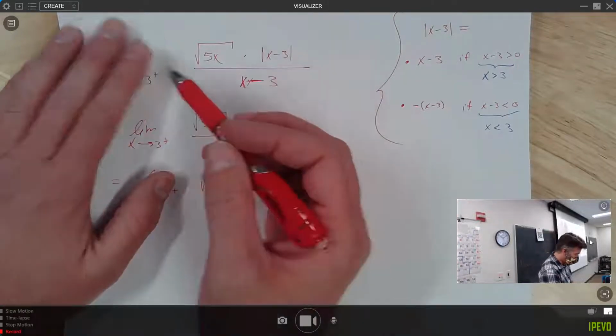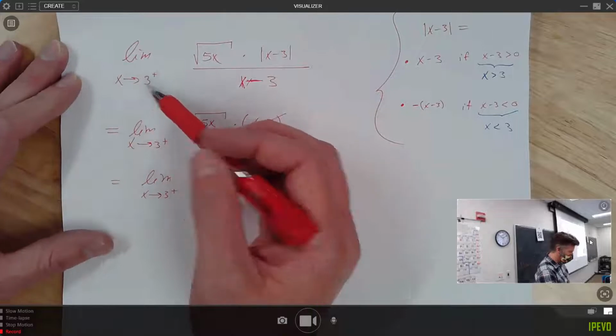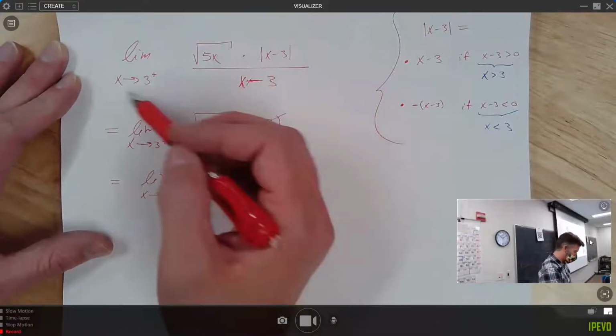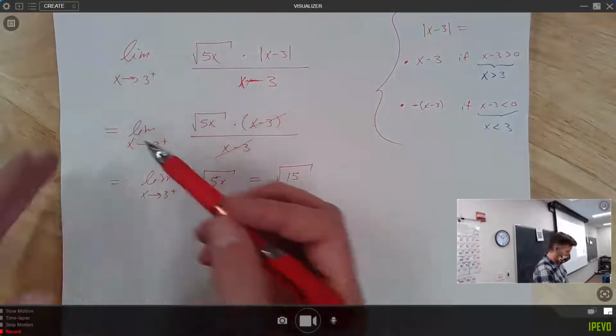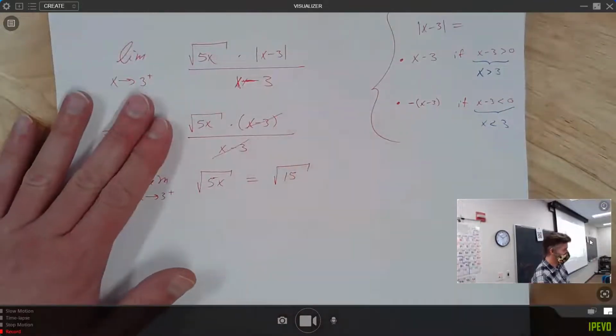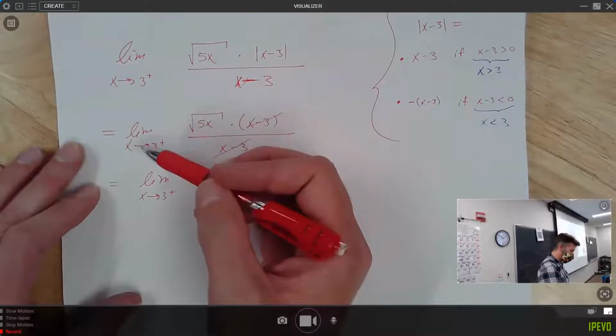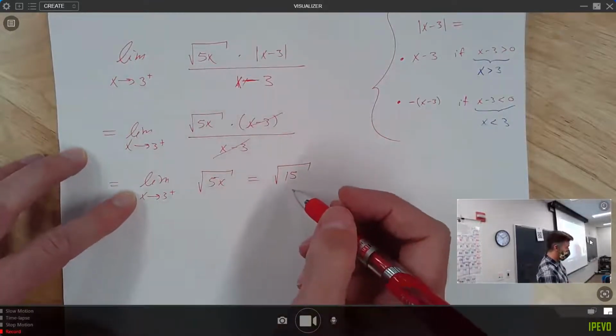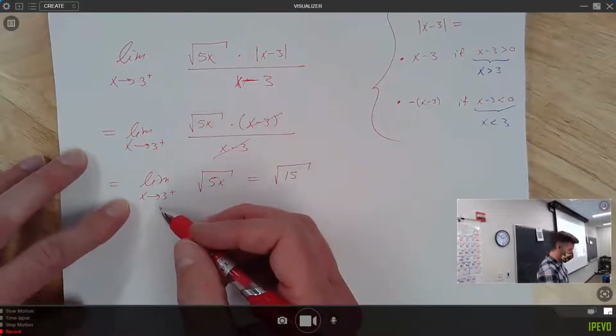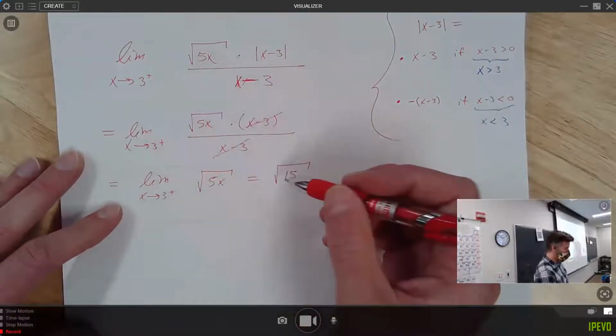But when you see that there, that means something. That means, what is this doing as x is getting closer and closer to 3? So it's very important to have that each time, right? If you just wrote that, it wouldn't mean the same thing anymore. So in this step, we also need to write that. And then finally, in this next step, we say, there's the answer to the question. As x is getting closer and closer to 3, this expression is getting closer and closer to the square root of 15.